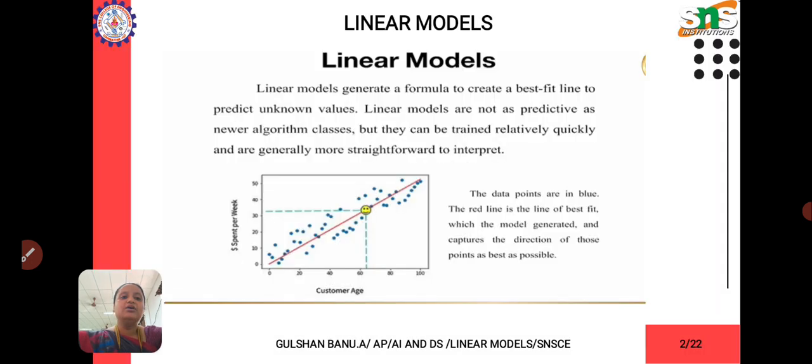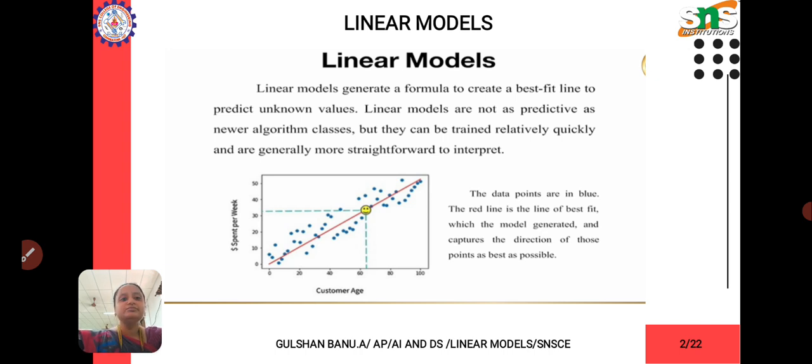Now, what is a linear model? The English term linear itself means a single process. Models are something you work with, where you have different kinds of data and different kinds of processes involved, and you get one single result from the given amount of data.